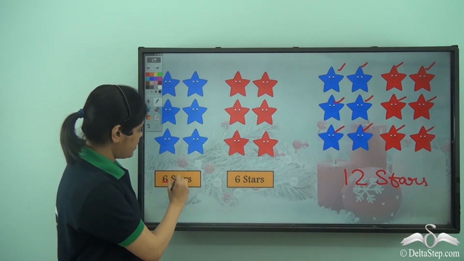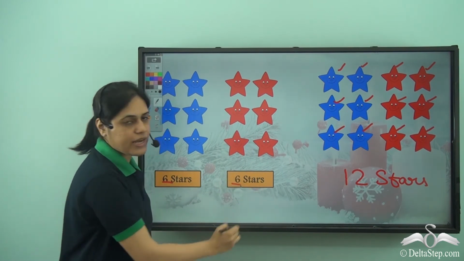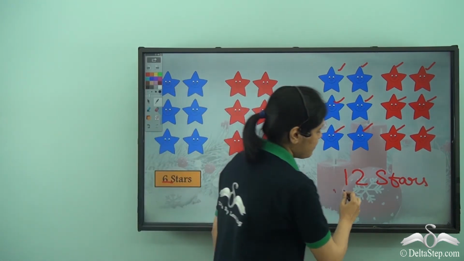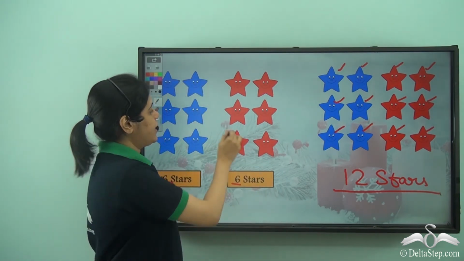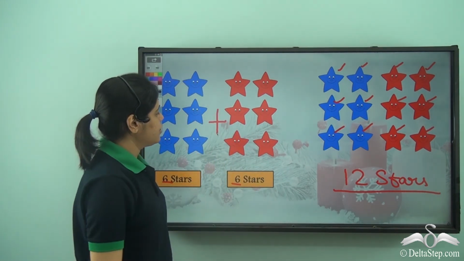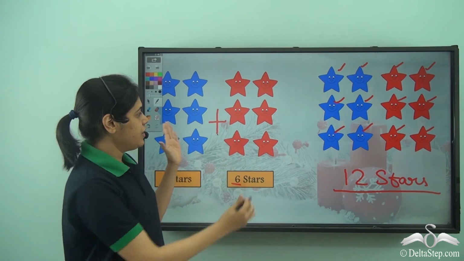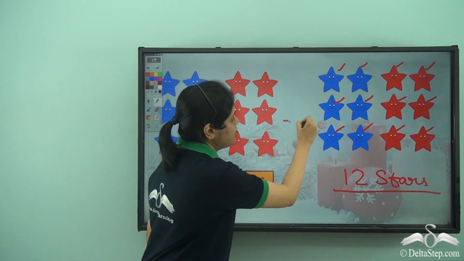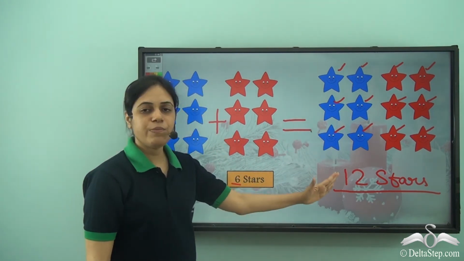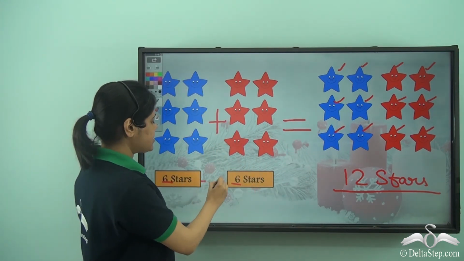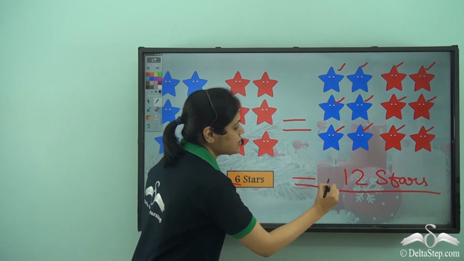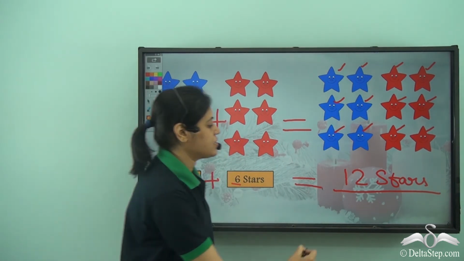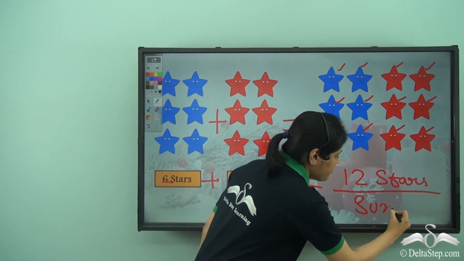So 6 stars added or put together with 6 stars give us 12 stars. And don't forget the symbols. So this addition symbol between the things we are adding and the equal to symbol before the result. So 6 stars plus 6 stars give us 12 stars. This is the sum.